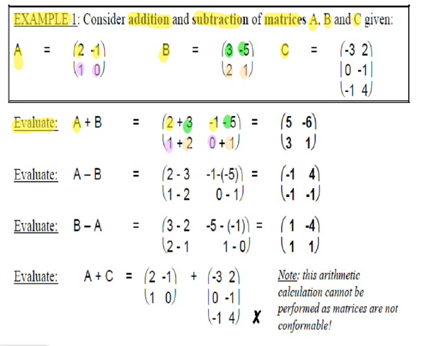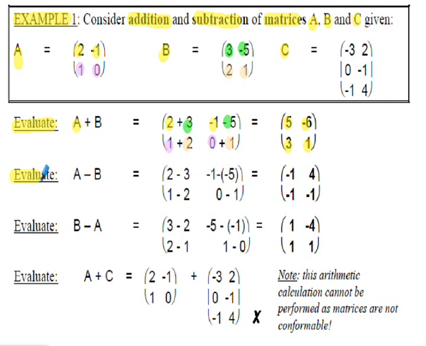So we simply add up these values to find the result of A plus B. So 2 plus 3 is 5, negative 1 minus 5 is negative 6, 1 plus 2 is 3, and 0 plus 1 is 1.